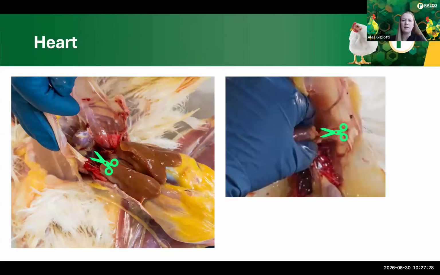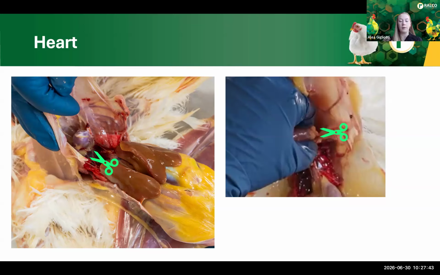So again, before you start to cut into these organs and remove them, it's really important to visually examine these things as you go along, because once you start cutting, it's really hard to put back together.